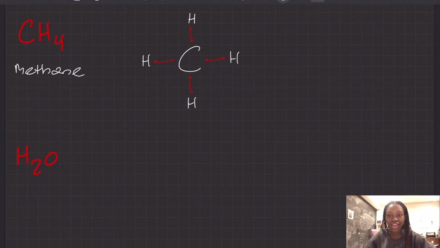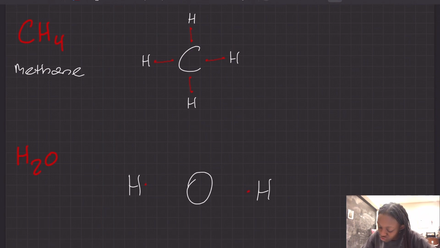We're gonna start by deciding how many valence electrons each element has based on where it is in the periodic table. So we know that hydrogen has 1 valence electron each, and oxygen has 6 because it is in group 6 on the periodic table. 1, 2, 3, 4, 5, 6.